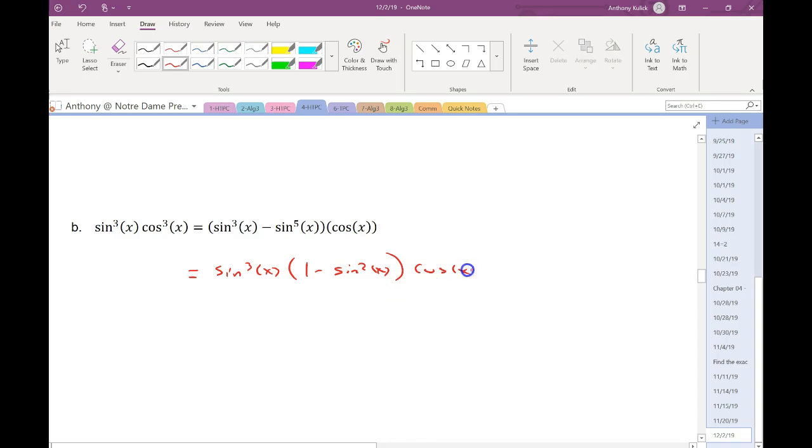Because you're almost there. What's 1 minus sine squared? Cosine squared. And cosine squared times cosine is? Cosine cubed, and we're done. You know how to do this one. You silly goose.